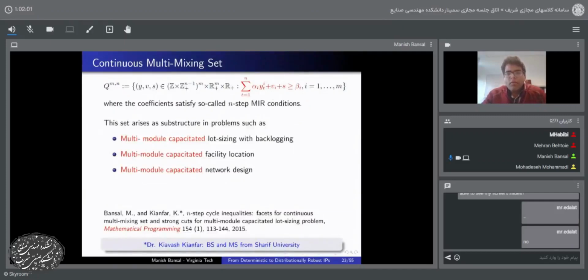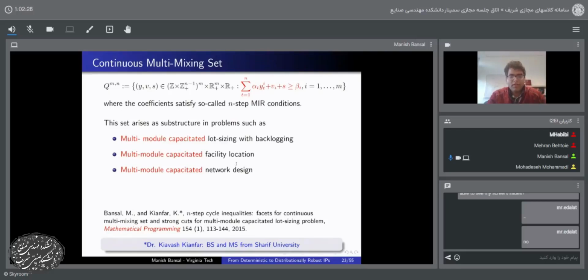What we will assume is that some of these coefficients satisfy the so-called n-step MIR conditions, and I will show what those conditions are in a minute. These sets appear as a substructure in problems such as multi-module capacitated lot sizing, facility location, and network design. Later on, we will see for the lot sizing problem how it works.